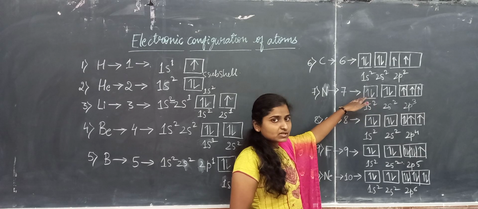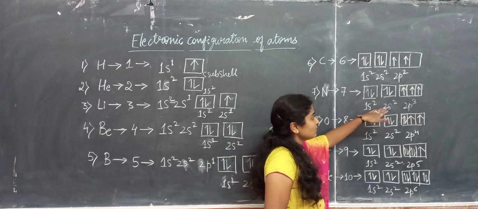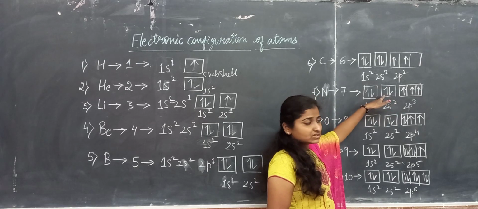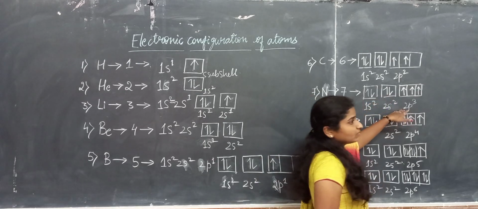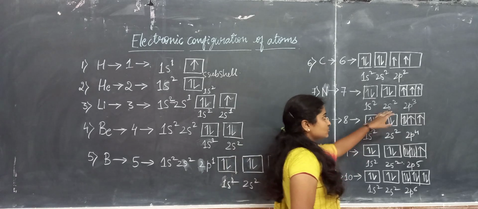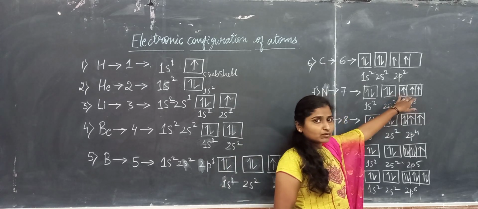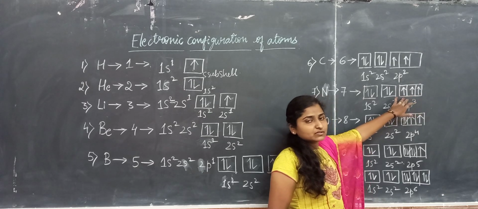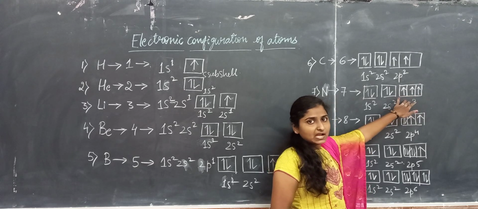For 2s2, both electrons enter the 2s orbital. For 2p3, we have 3 electrons, so all 3 electrons enter 3 different orbitals according to their energies and the basic rules for filling electrons in the atomic orbitals.